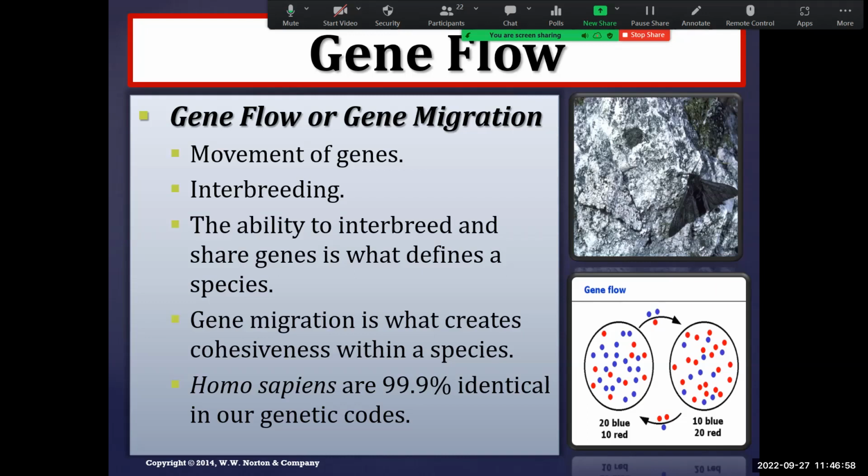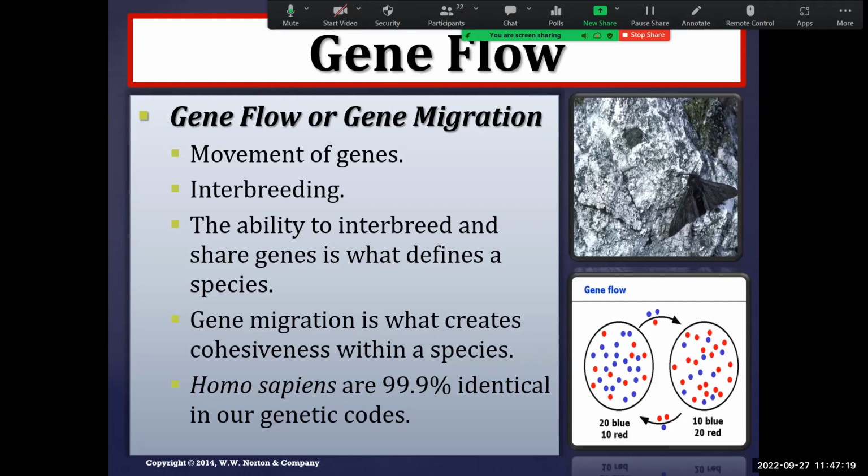So for example, as modern humans, especially with the advent of modern day transportation and technology, it's very possible for a human living in the United States to have a child with a human living in Japan, or for somebody in England to have a baby with somebody living in India, for example.